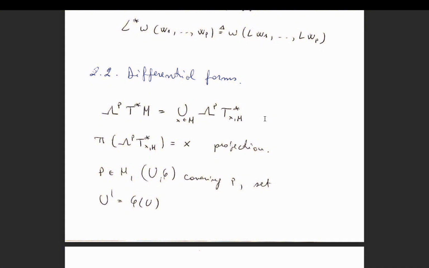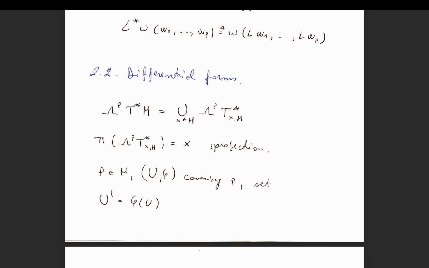Obviously, for each point P of M, we have T_P M, the tangent space at the point P. We have the dual T star_P M, and we can construct Lambda p of T star_P M. The fiber bundle we are going to analyze is the union, with P belonging to M, of Lambda p T star_P M. There's a natural projection pi which maps Lambda p of T star_P M into P.